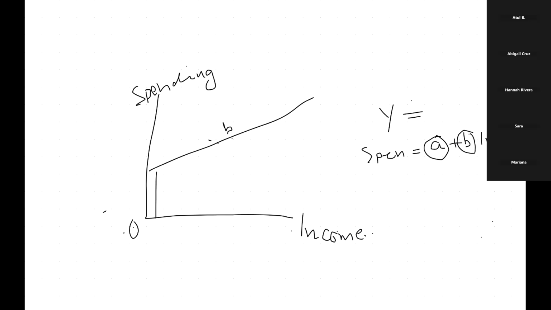But if I do multiple regression, it can depend on multiple factors. Spending equals A plus B times income, plus C times family size, plus D for some other factors, like travel expenses and different other habits.